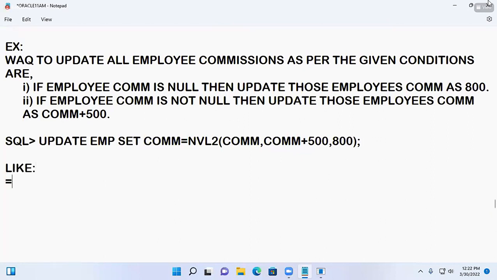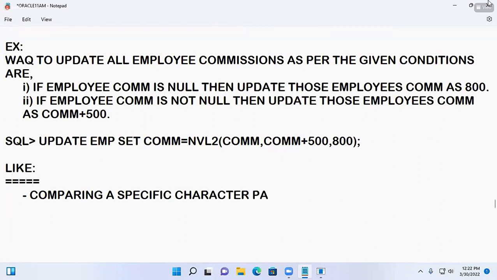Like. So now let's take the like operator. So guys, here we use the like operator for comparing a specific character pattern in a table.